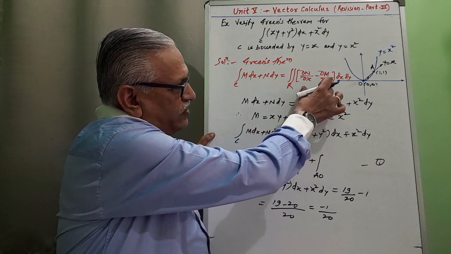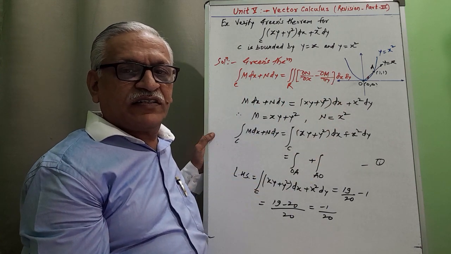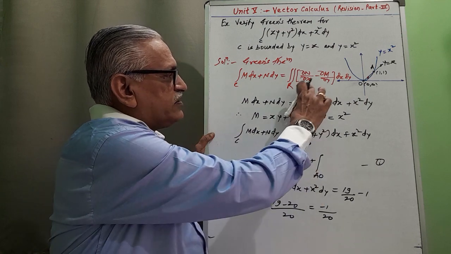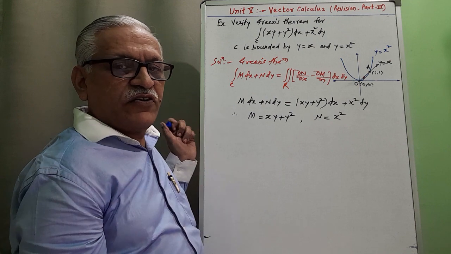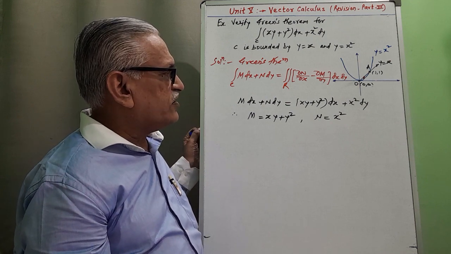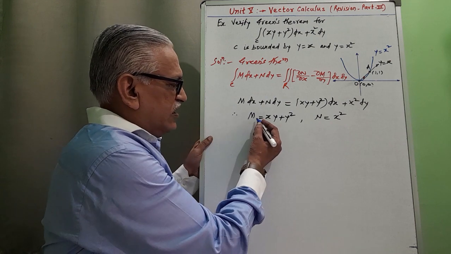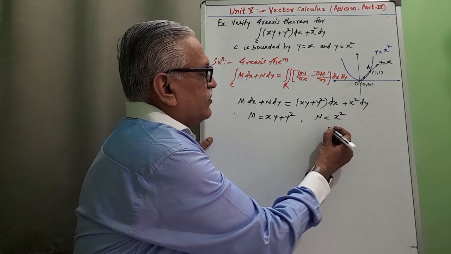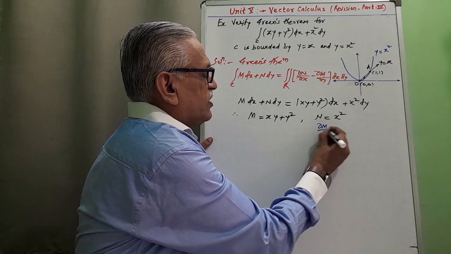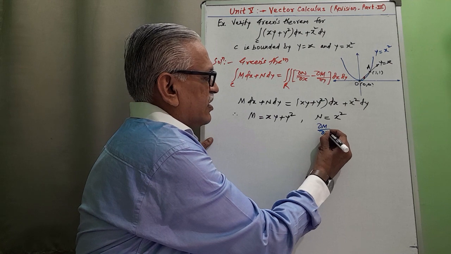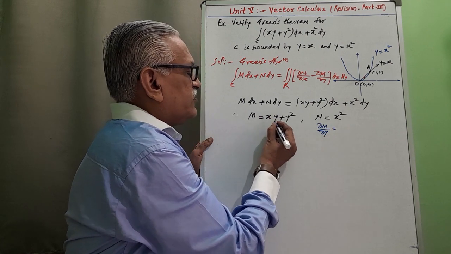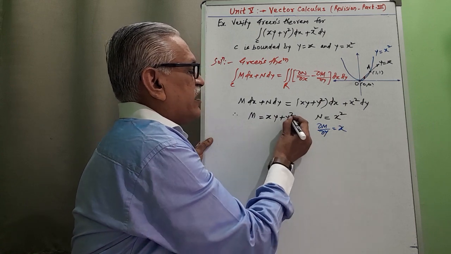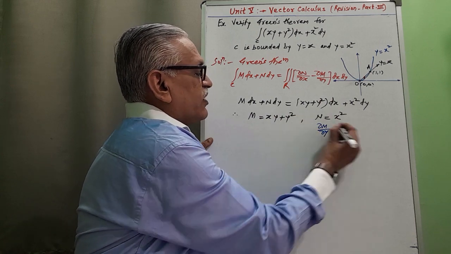Then we require to find the value of the right hand side term by performing this double integration. In the right hand side term, we require two partial derivatives, dou M by dou y and dou N by dou x. M is a function of x and y, therefore differentiating it with respect to y, keeping x constant, the derivative of this term with respect to y is x, and the derivative of y square is 2y.